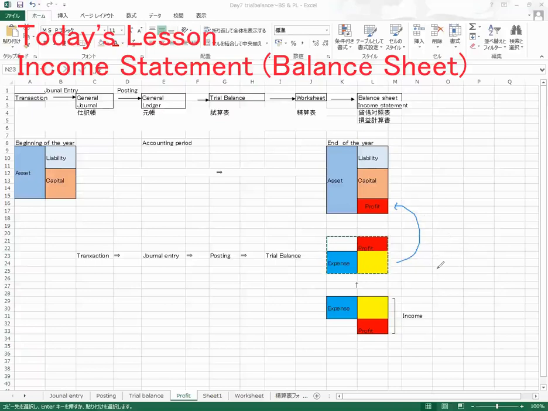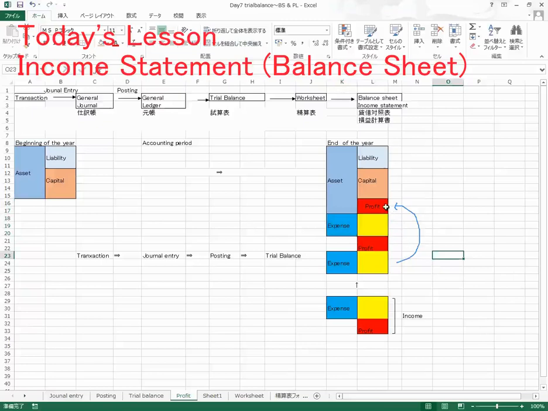So we will now join the PL and BS. The joint part is profit, because the profit is the same. Then when we attach them, we get this table at the end of the year.